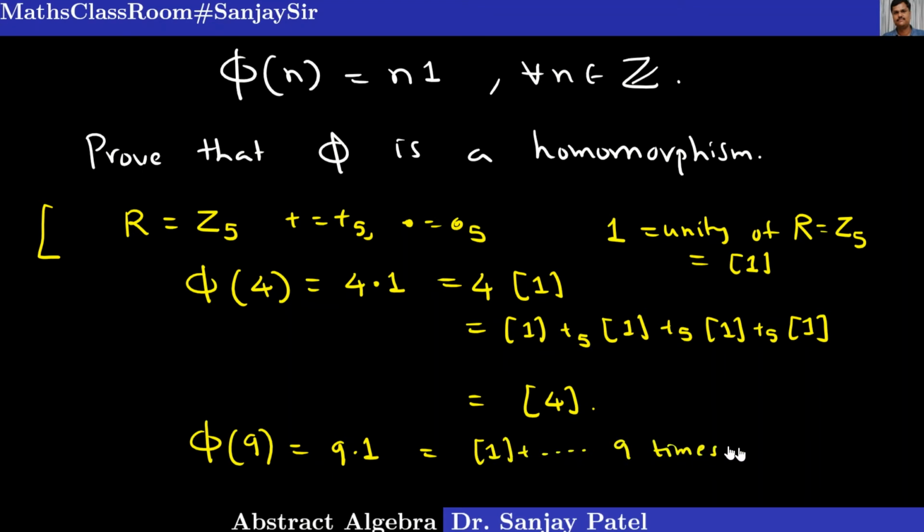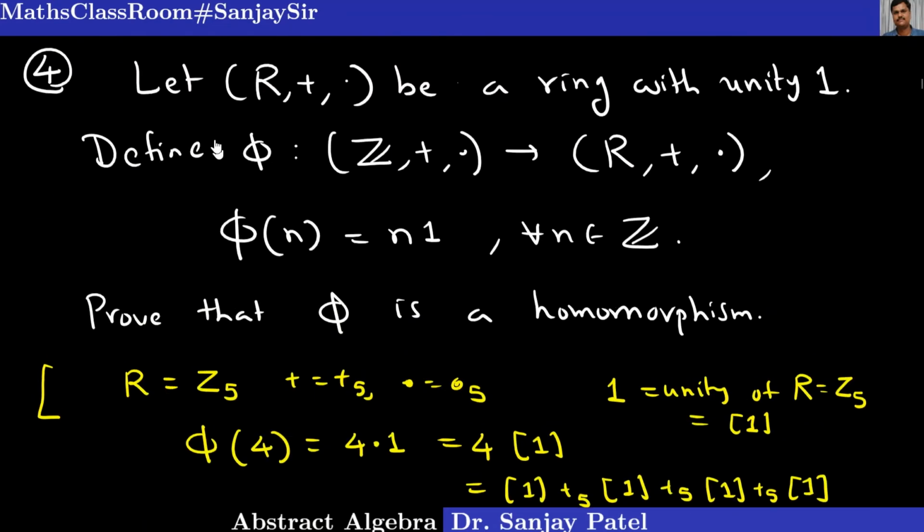That gives us the equivalence class of 9, but the equivalence class of 9 is the same as the equivalence class of 4, because 9 is congruent to 4 modulo 5 in this ring Z5, if I take the codomain ring as Z5. Likewise you can understand how to find the value of this function.